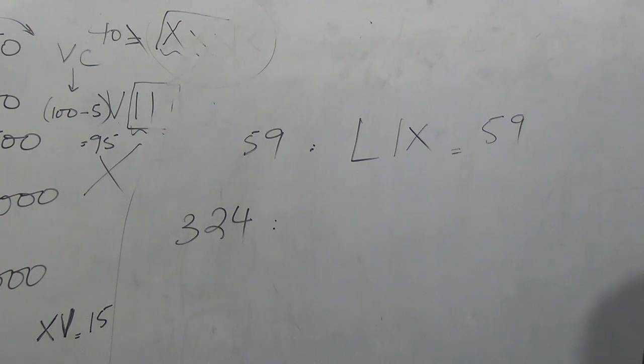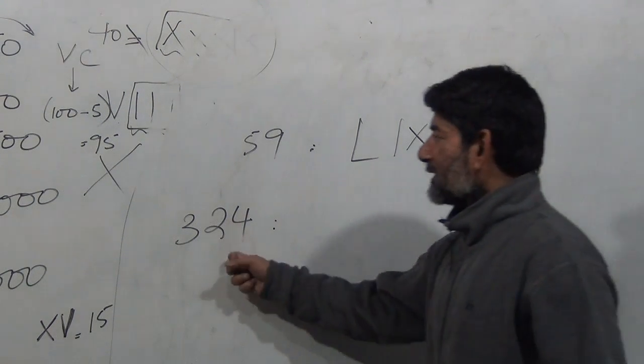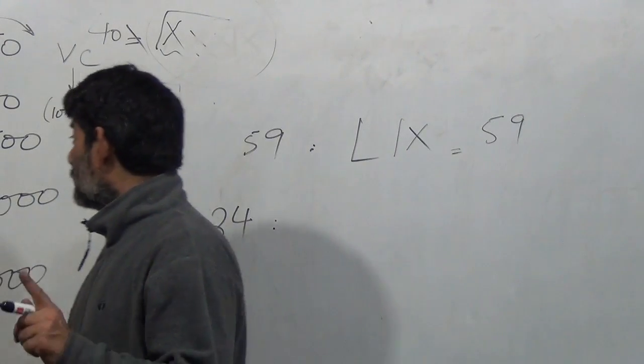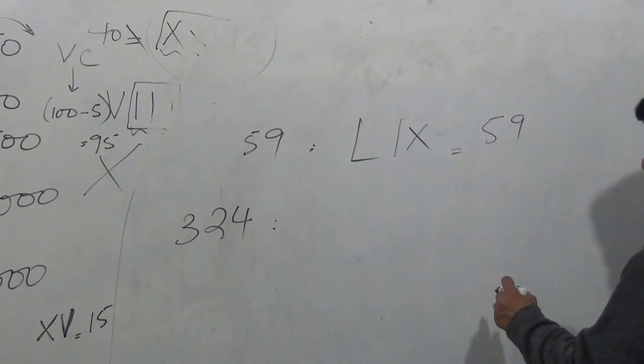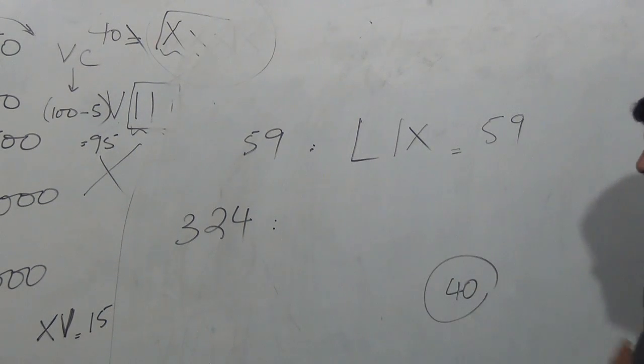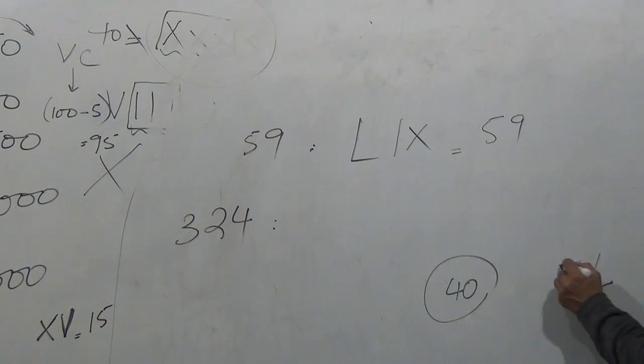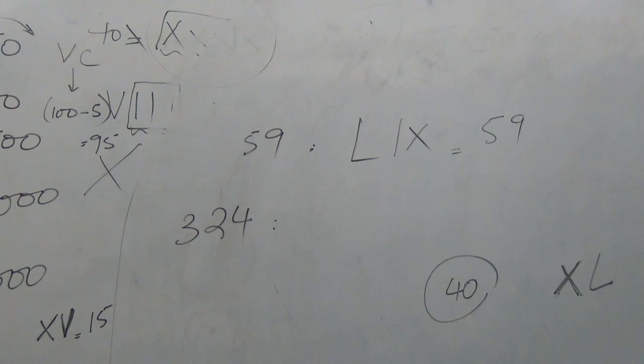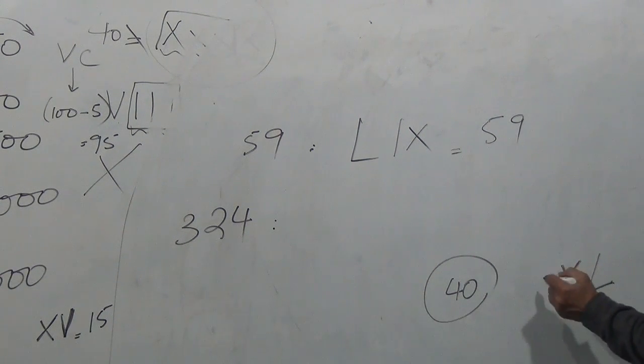Before we come to 324, there's another thing I want to tell you. A smaller number written before the larger number, for example, 40, is written as 50 minus 10, right? When you're subtracting the smaller symbol from a larger symbol, the smaller symbol cannot be repeated.